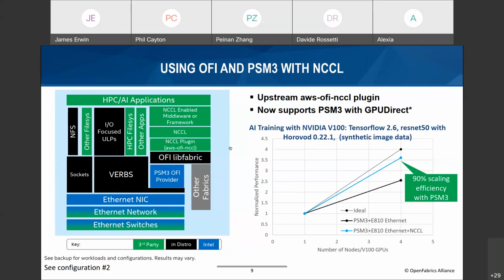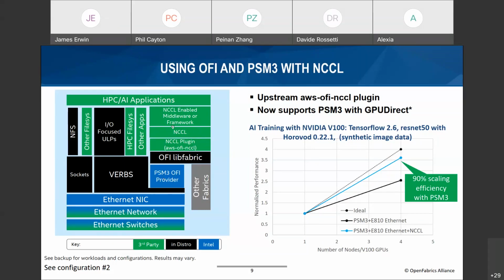On the left here, we're showing a slightly different stack than what we showed in the previous slide with oneAPI. Here we're showing this GPU NCCL capable stack where in the green are software stacks provided by third parties. The black is what you would get in the distribution, and then the blue is what we're providing from Intel.